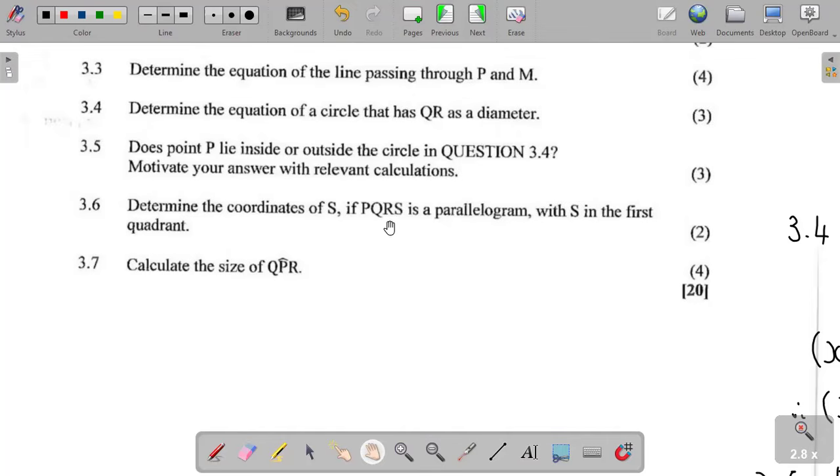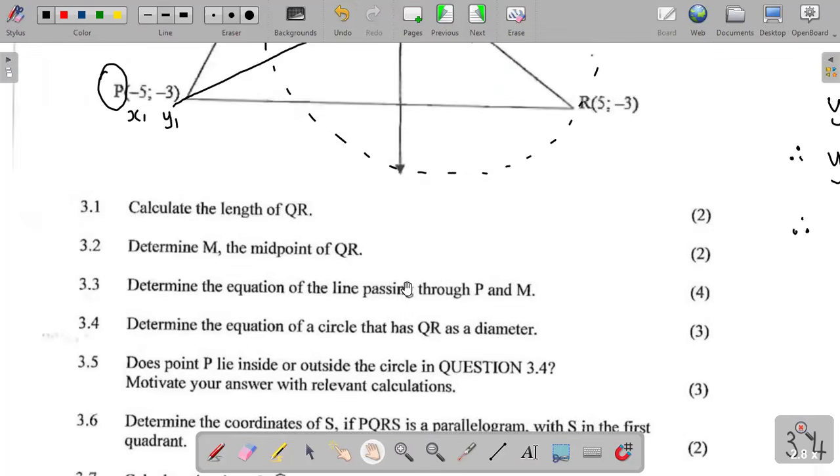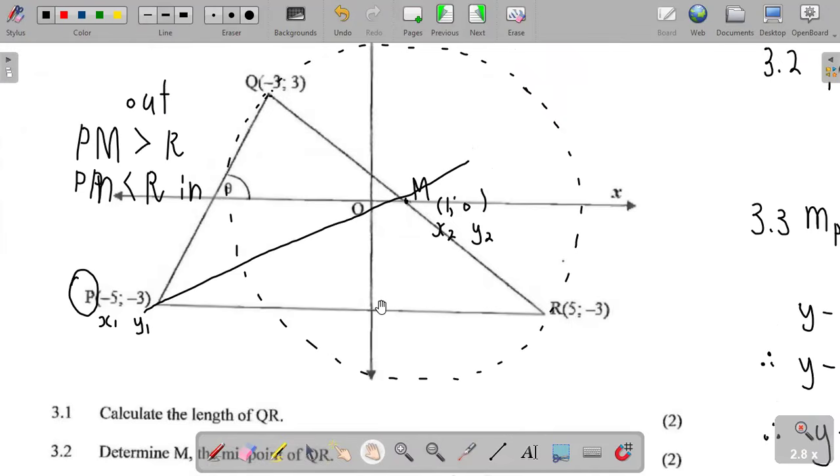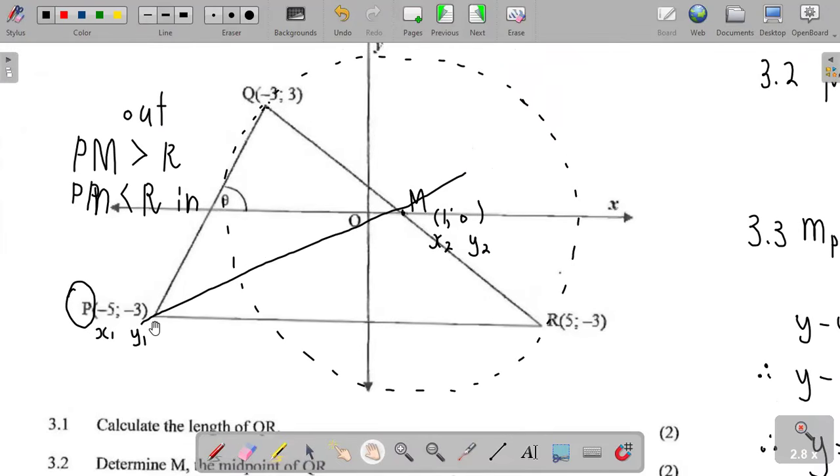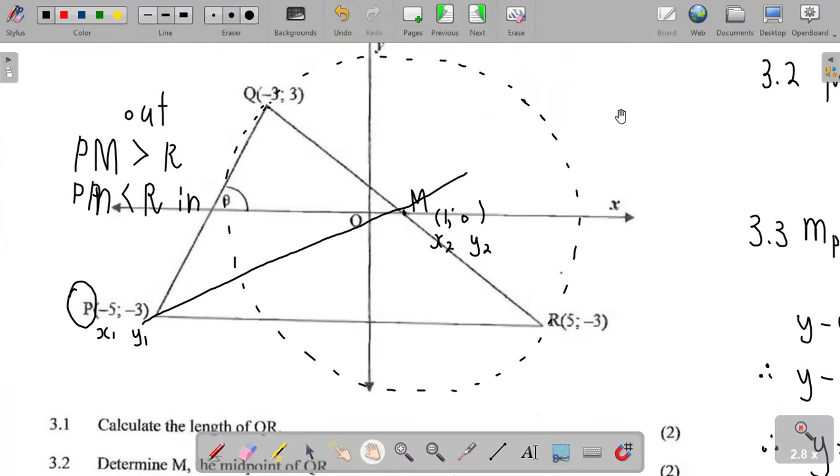Okay, PQRS, with S in the first quadrant.